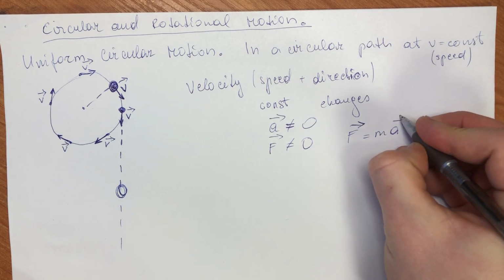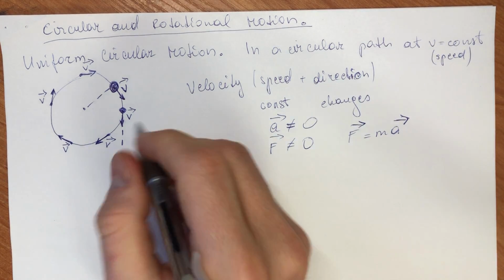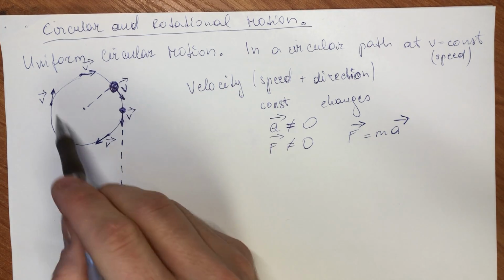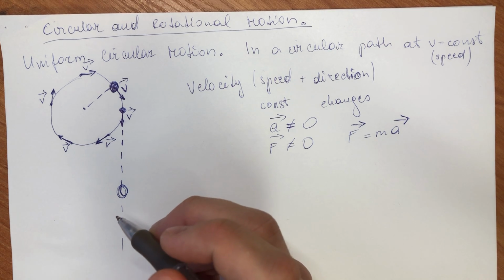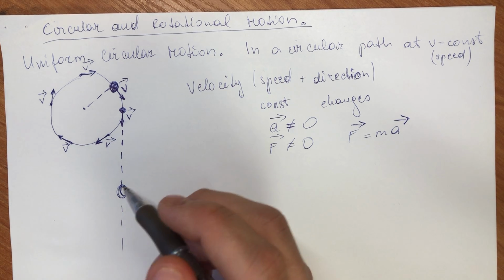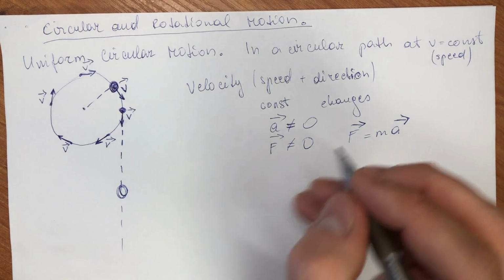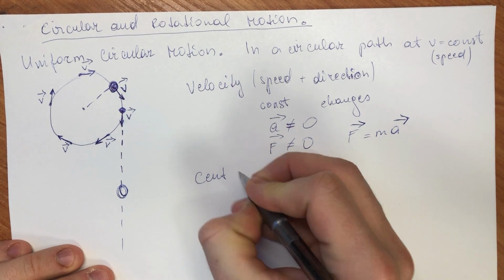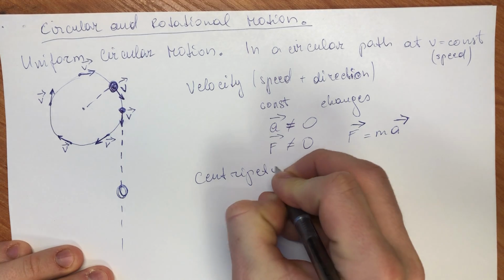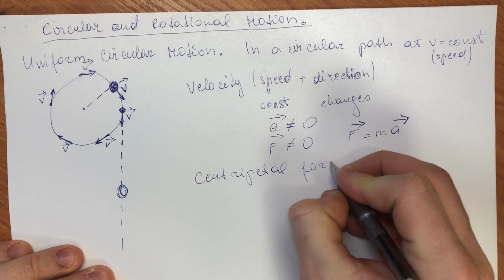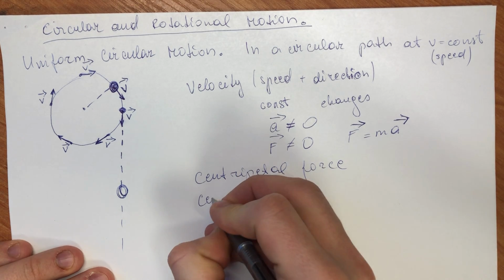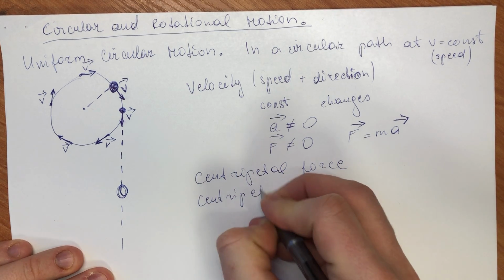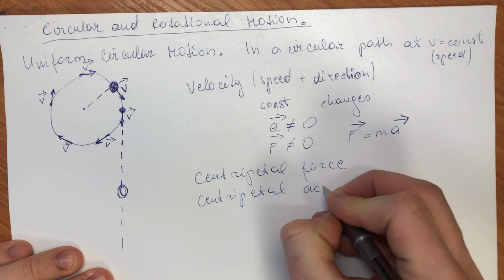So the force that is holding this object in this circular motion is called centripetal force, and the acceleration is called centripetal acceleration.